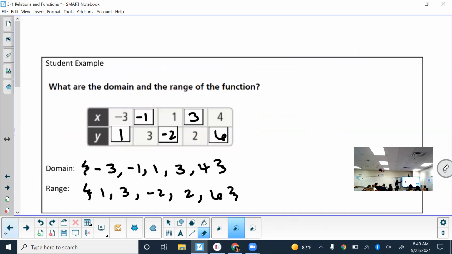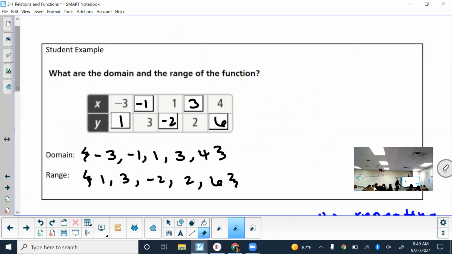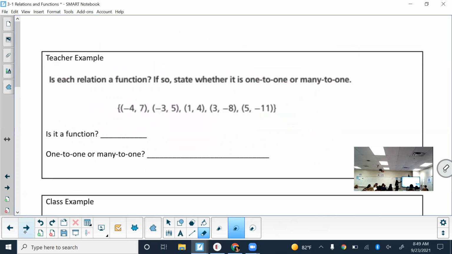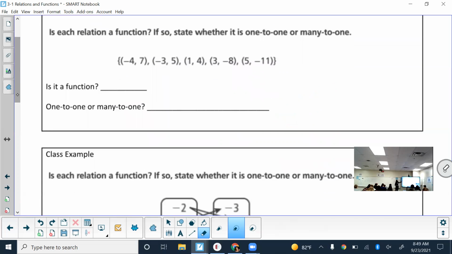Is there something else on that page? Okay. So this page now. Is each relation a function? If so, state whether it is one-to-one or many-to-one. So first, look at your x values. That's always the first step when figuring out if it's a function.